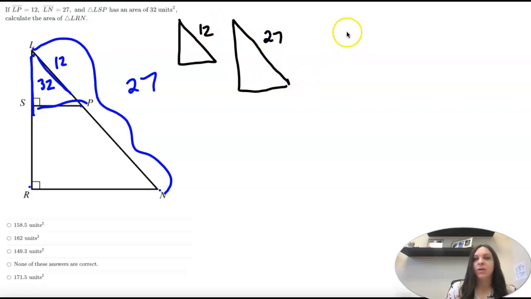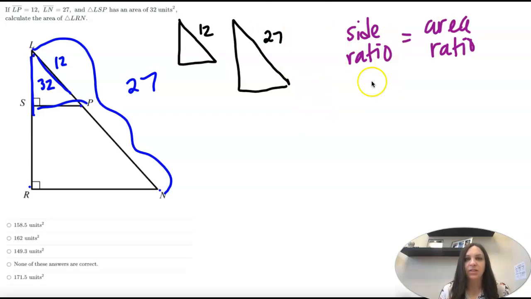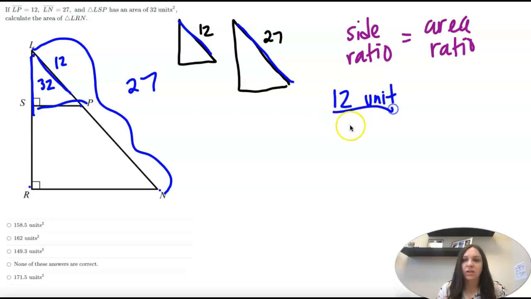And this time we're going to compare our side ratio to our area ratio. I'm going to put the units on just so you can see the difference here. So for this side we have 12 to 27, and it's just 1 unit to 1 unit.